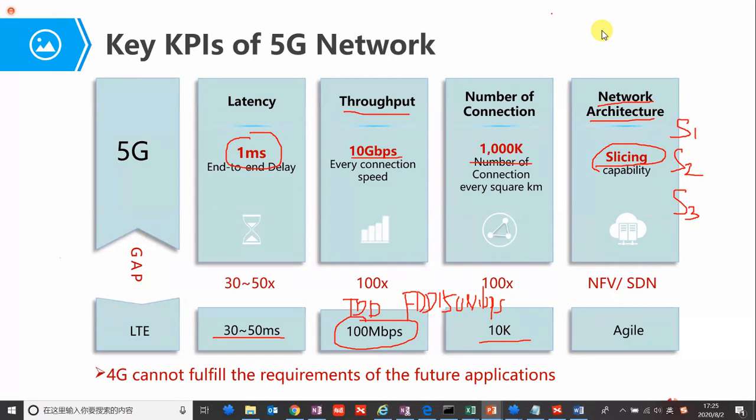Our 4G just supports QoS. Our 4G network is a best-effort network, but our 5G can make sure the network, like the latency, like the bandwidth, and so on, is an insured network, because 5G can support slicing.